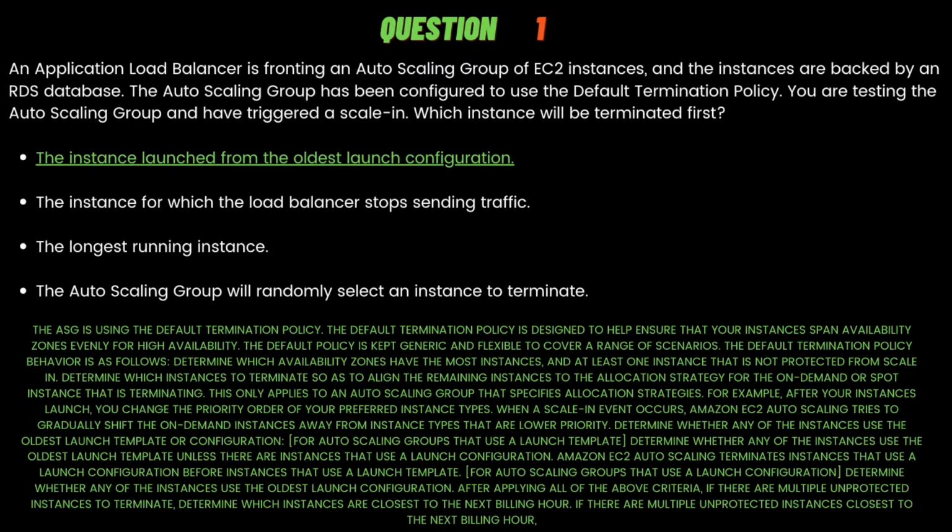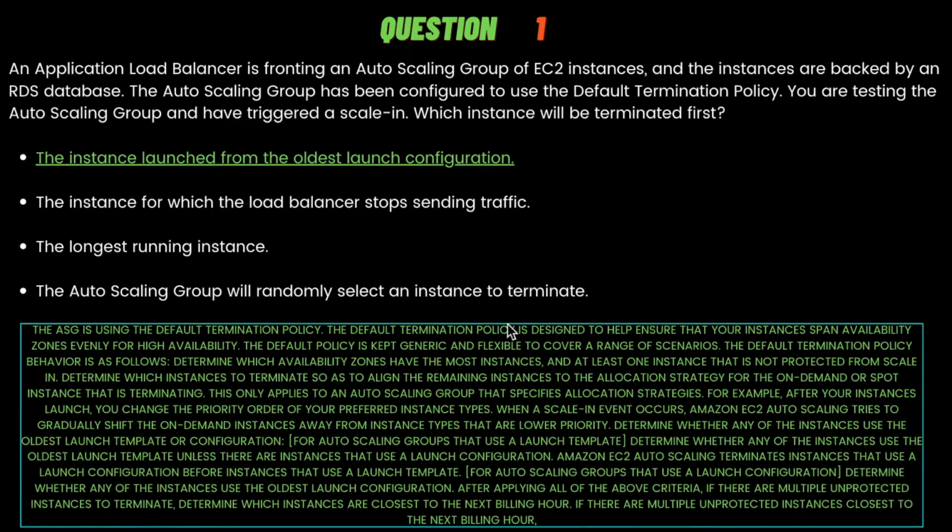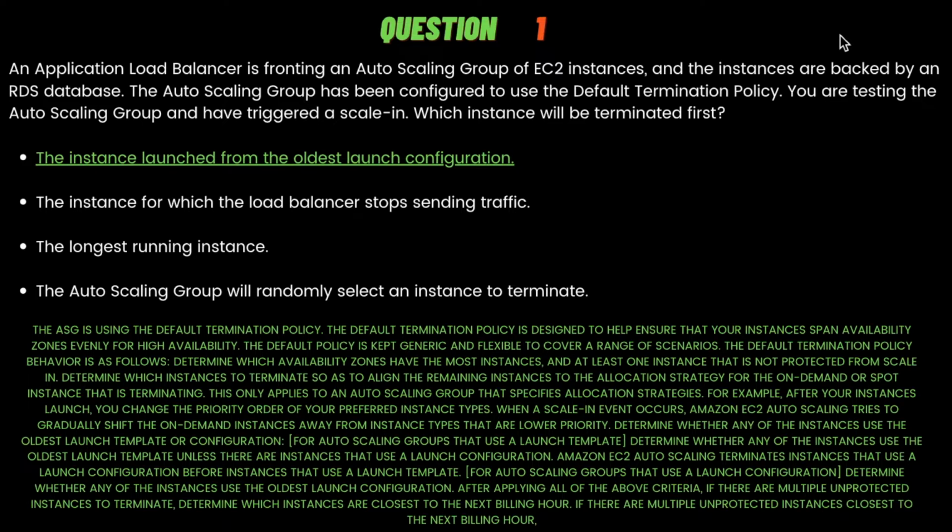In the default termination policy, it will try to balance the availability zones. So if there are 2 in one and 4 instances running in another availability zone, it will first reduce from 4 to 3 and then 3 to 2. And for this particular scenario, where they have not given such a two-availability-zone balancing scenario, you can easily go with the option of the oldest launch configuration.